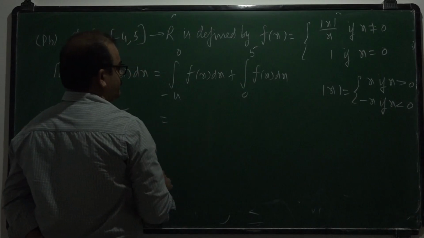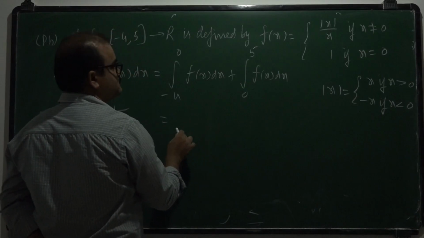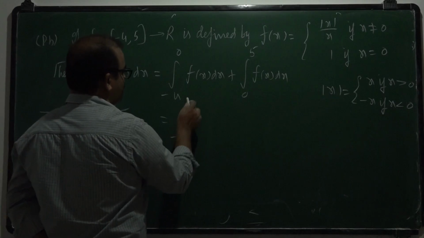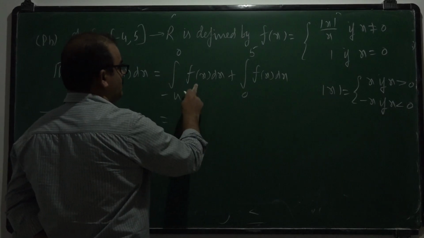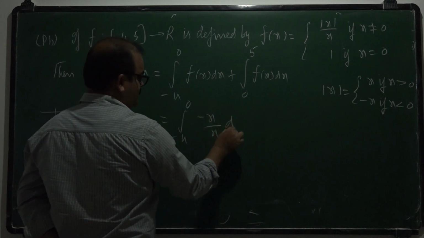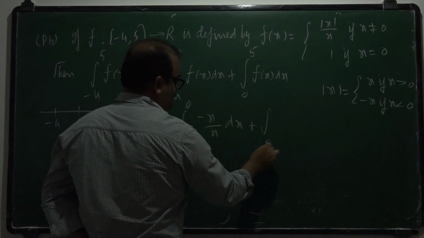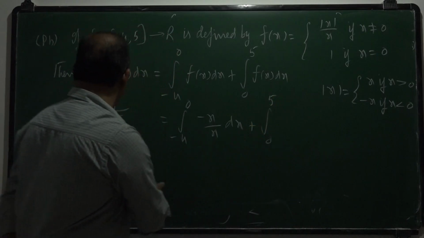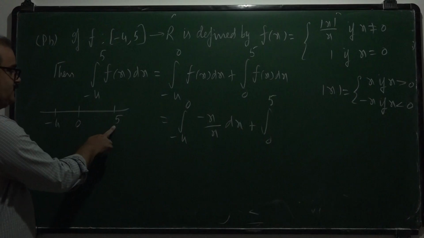So write it as integral minus 4 to 0, when x is less than 0, mod x value is minus x, so minus x by x dx, plus integral 0 to 5. 0 to 5 means x is greater than 0.